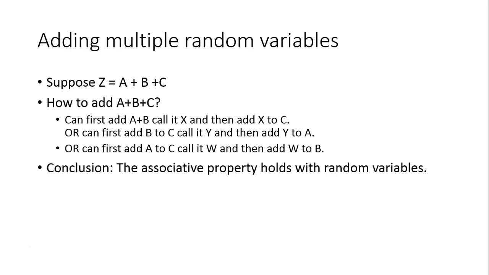What about adding multiple random variables? How do you do it? Z equals A plus B plus C. How do you add A plus B plus C?